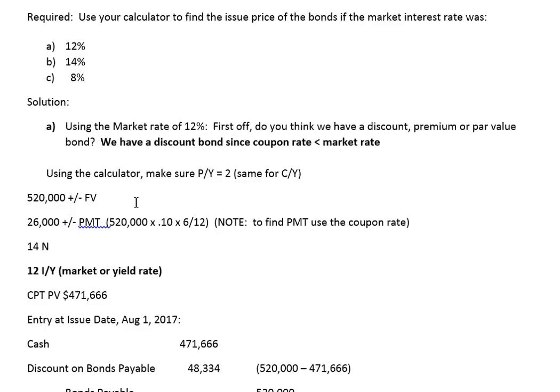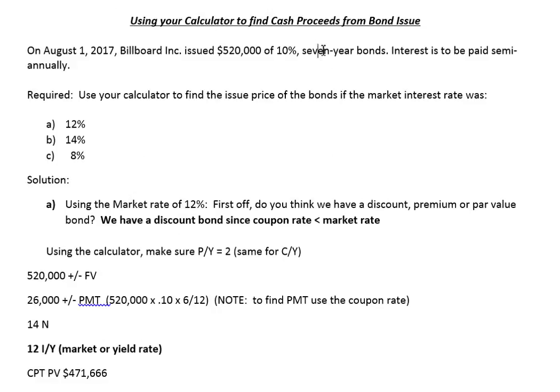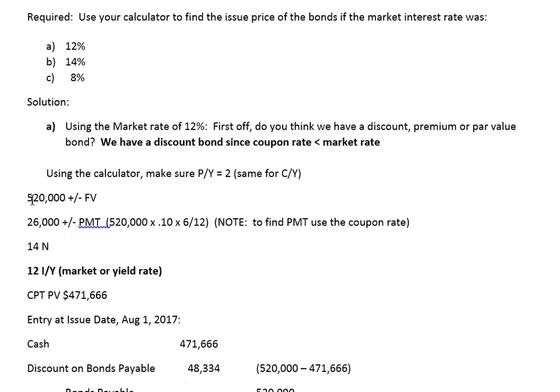Billboard is the issuer, so we're looking at everything in terms of cash paid out. We're going to have to pay out at maturity $520,000, at the end of our 7-year period, right? We put the plus/minus because that indicates it's an outflow, and that's your future value, the future amount you're going to pay out.